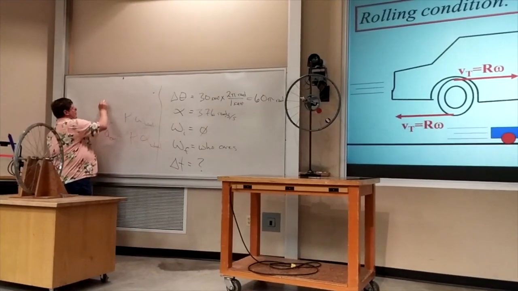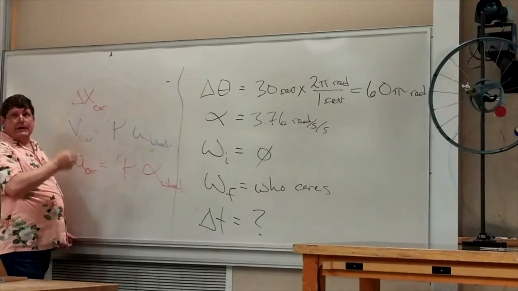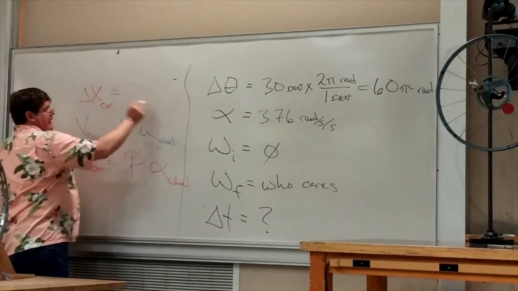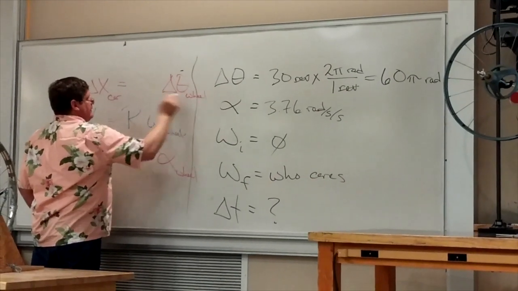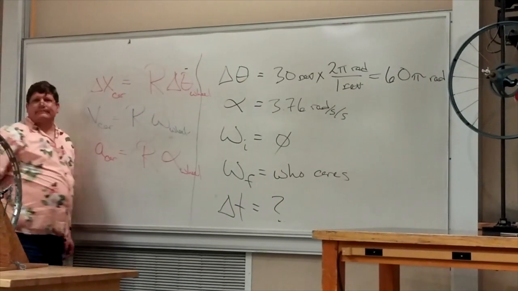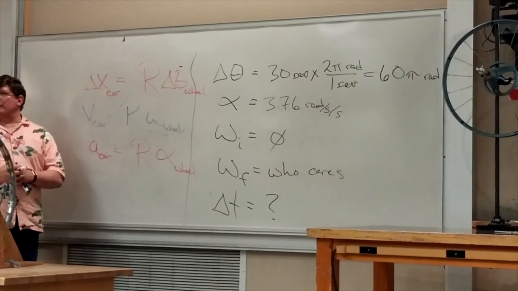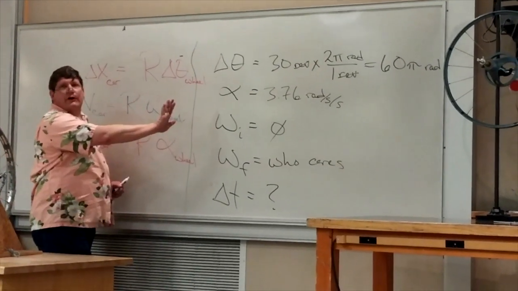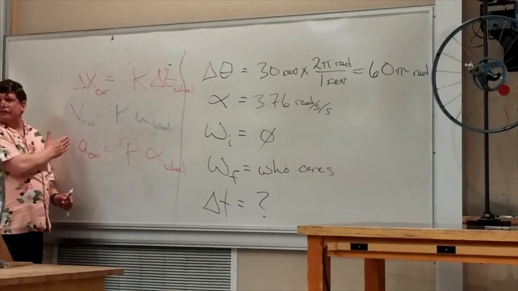And also, if we want to know how far we get down the road, that's going to be how far the wheel turns times the radius. That radius is the translator, if you will, between the rotational variables for the wheel and the linear variables for the car itself.